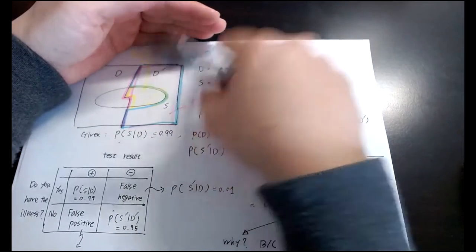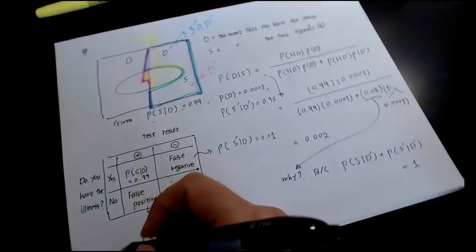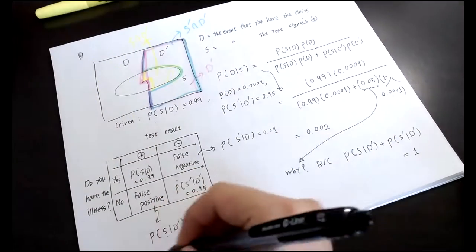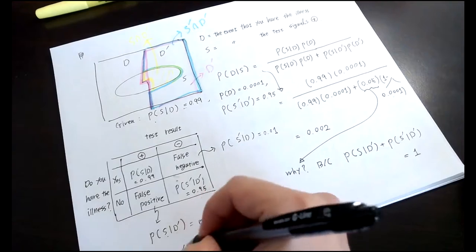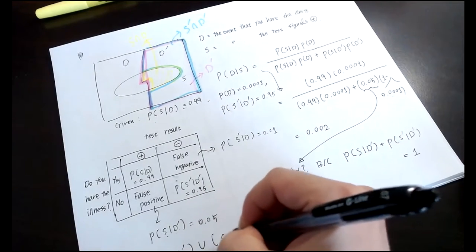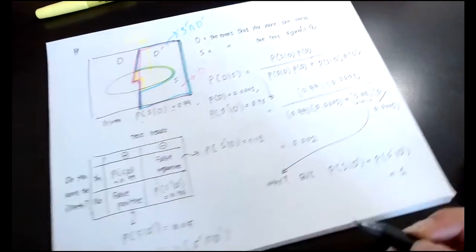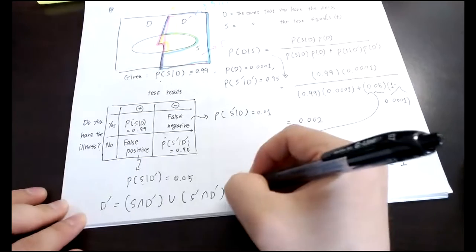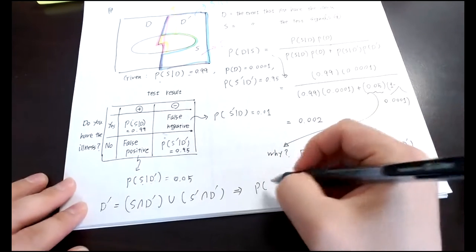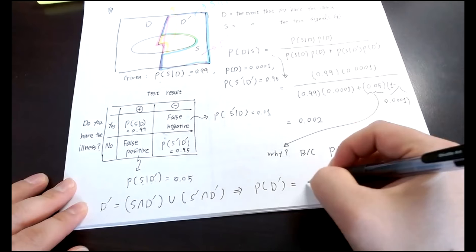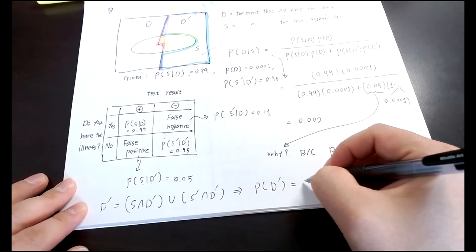So since D prime is equal to S intersection D prime union S prime intersection D prime, it implies that the probability of D prime can be expressed as what?